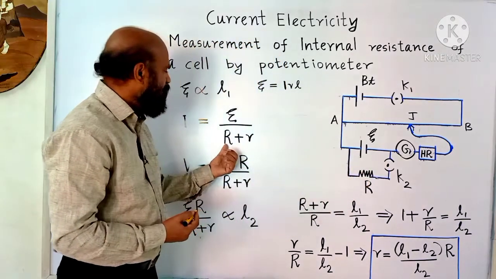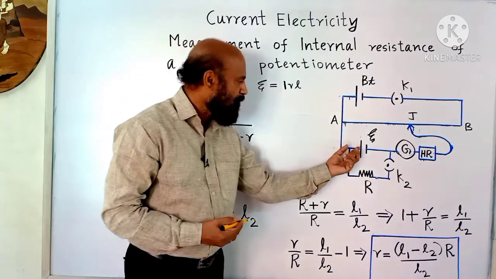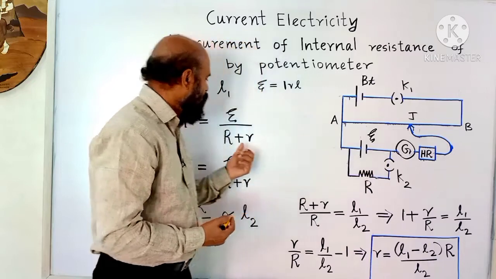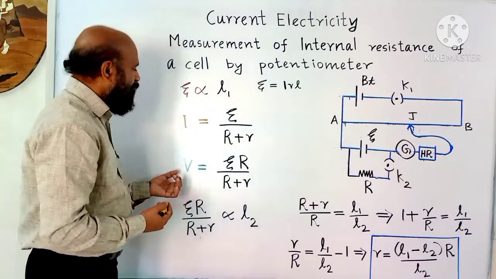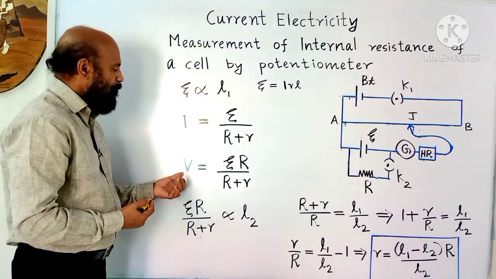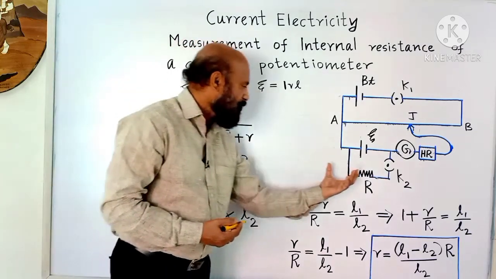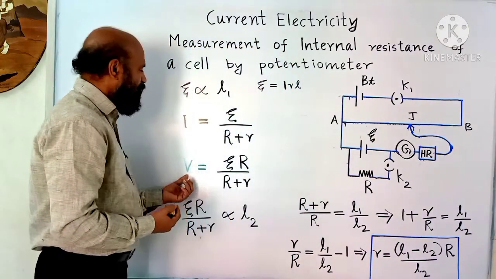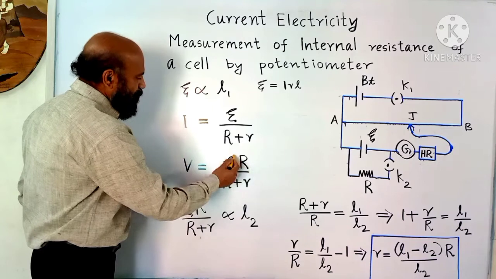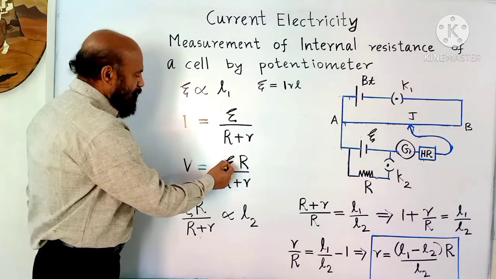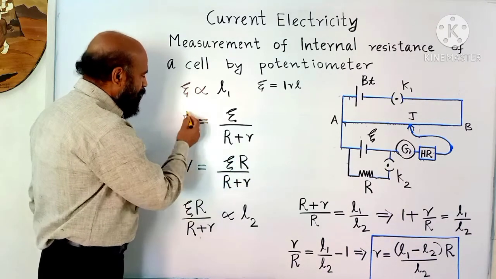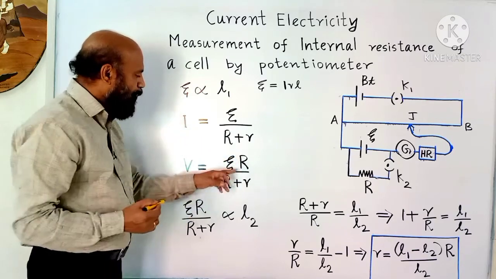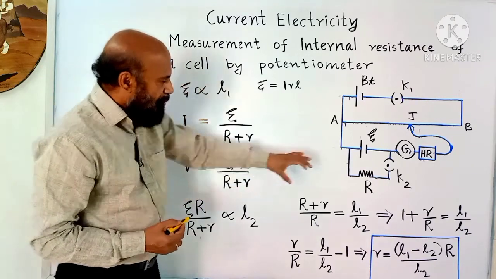Capital R is the external resistance and small r is the internal resistance of the cell, that is the total resistance. Then the potential difference across this resistance is current multiplied by resistance. Psi divided by R plus r is the current. When current is multiplied by the resistance, it gives the potential difference.